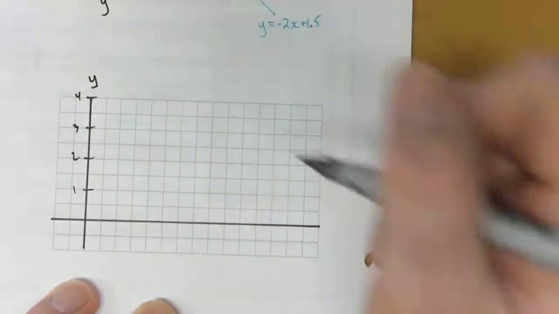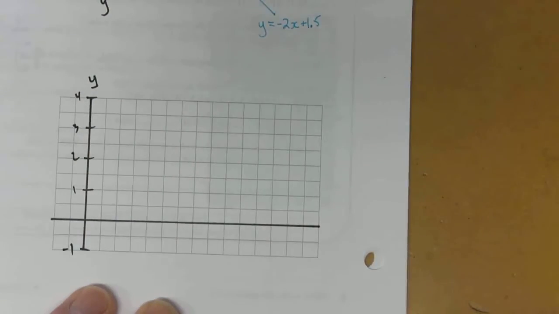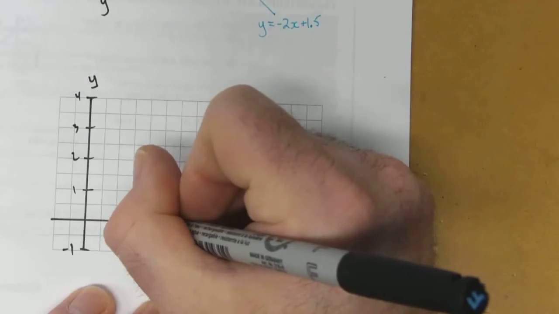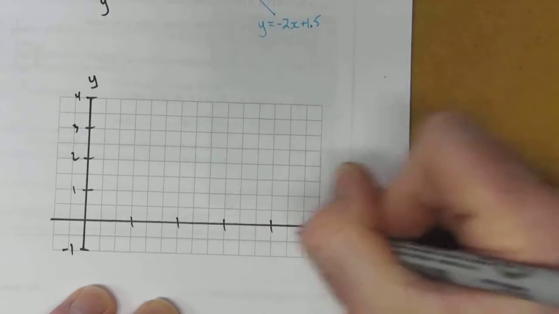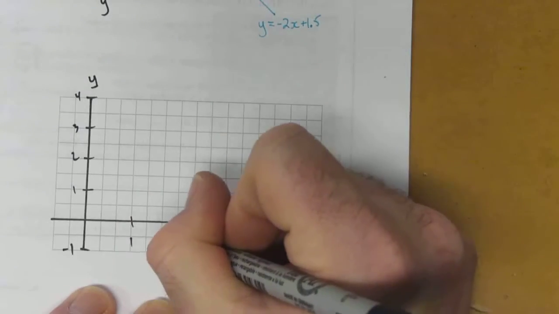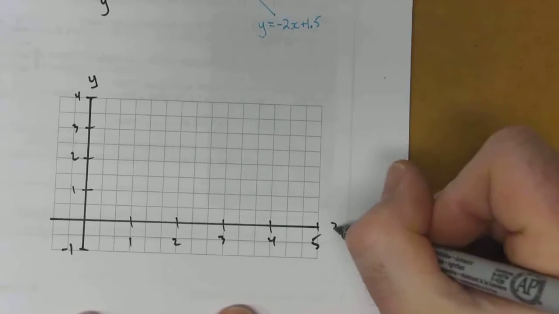This is our y-axis. And then that'll be a -1 down there. And on here, let's see, we'll do every 3. So 1, 2, 3, 4, and 5. And that is our x-axis.